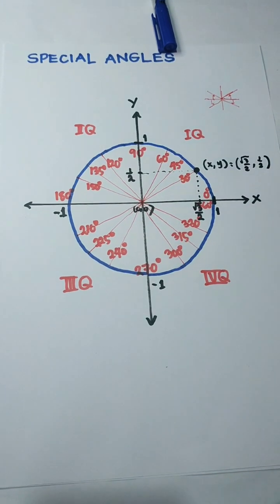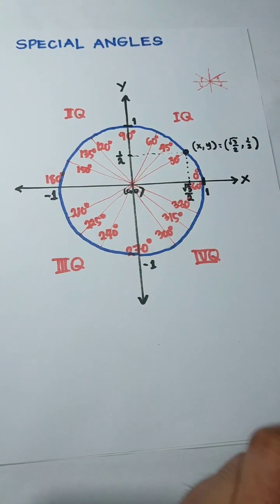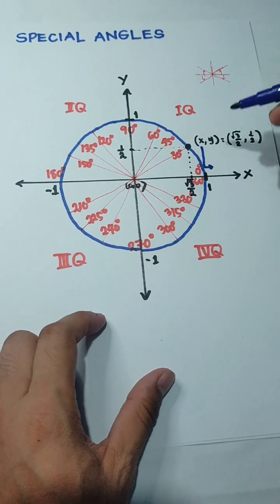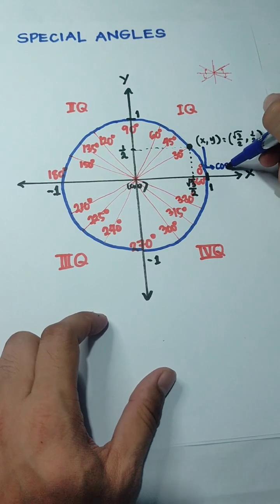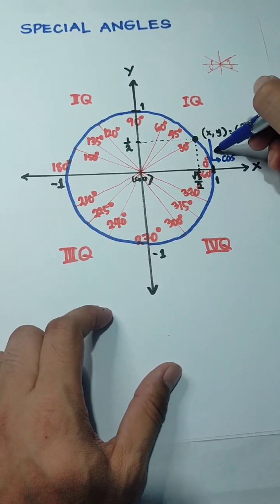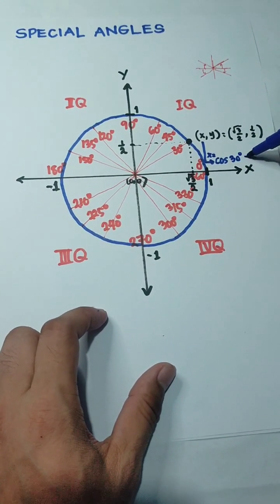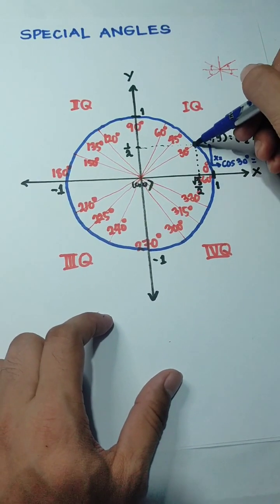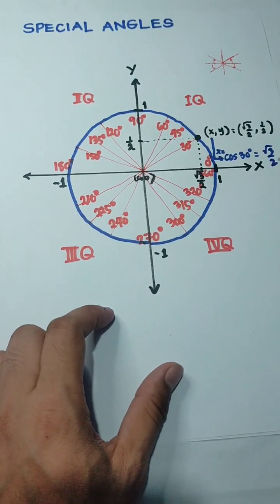Okay, now this is where the trigonometric function comes up. So our x here is actually the cosine theta. Since our theta here is 30 degrees, x equals cosine of 30 degrees. And cosine of 30 degrees gives us the x value of our terminal point here, which is square root of 3 over 2.